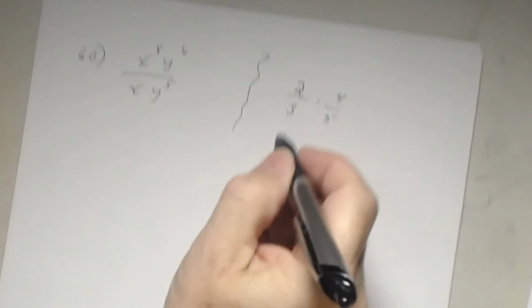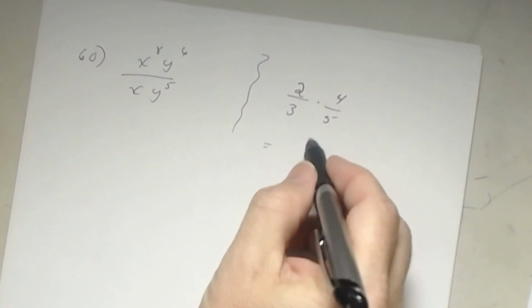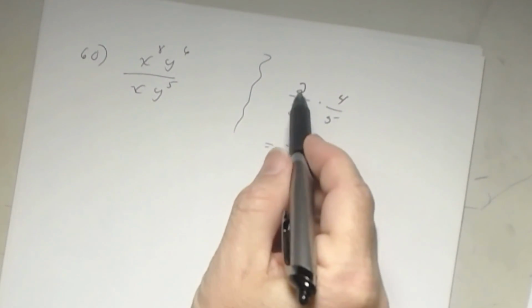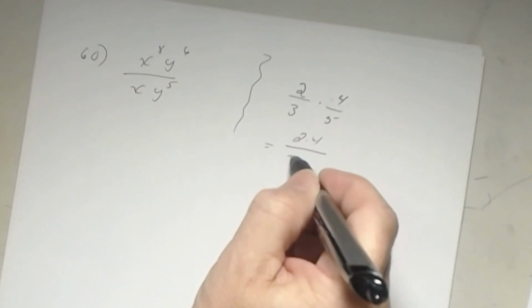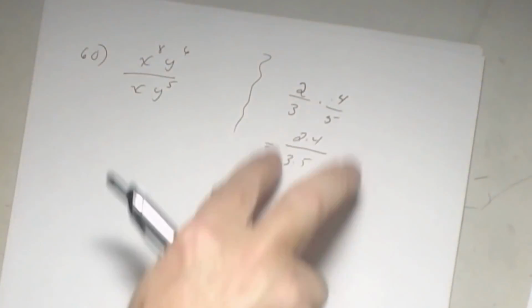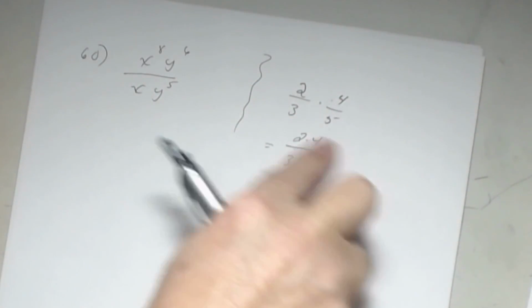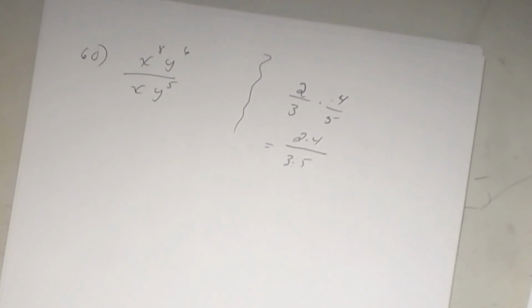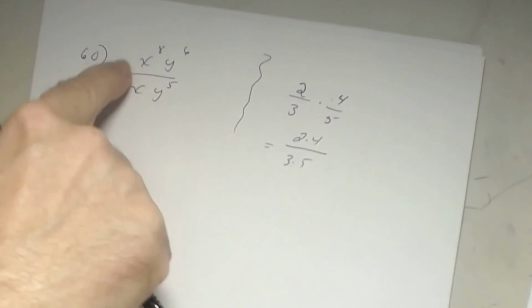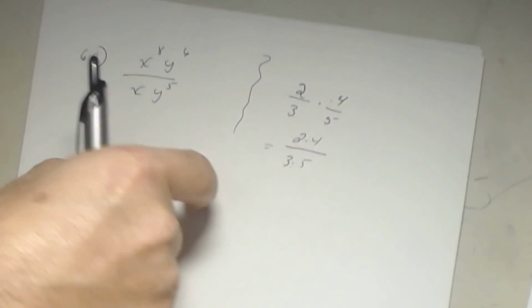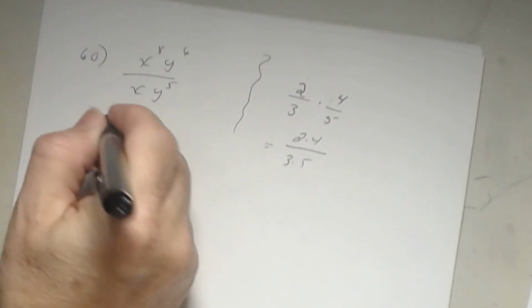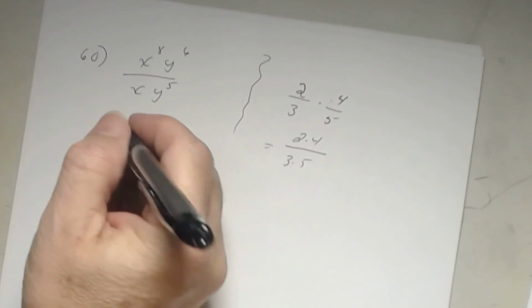In other words, is what I'm about to do the same thing? Multiply the numerators together, 2 times 4, and multiply the what? Denominators together. So I went from a product of two fractions to just what? One fraction. So here I want you to think about it going the opposite direction. I want to go from one fraction to a product of two fractions. And you can skip this step, but that's the process we're going to go through.